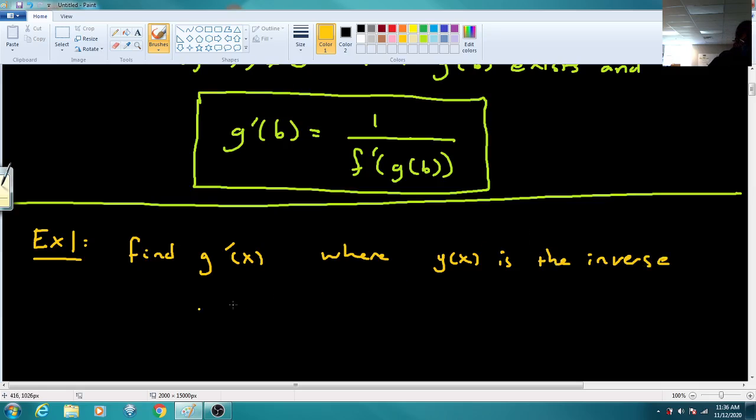G of x is the inverse of f of x equals x to the fourth plus 10 on domain set of all x such that x is greater than or equal to 0.